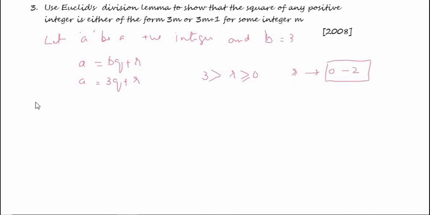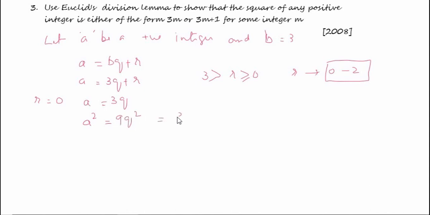So r equal to 0. When r equal to 0, a equal to 3q. Now square both sides. So a square, because we need the square of the positive integer. Positive integer here is a. a square equal to 3 square, that is 9q square.